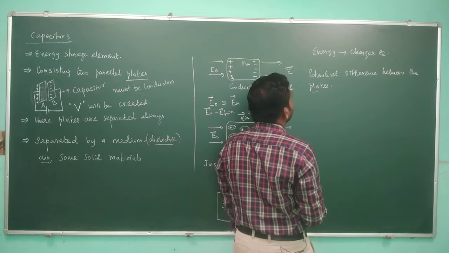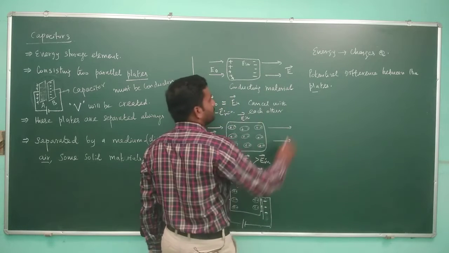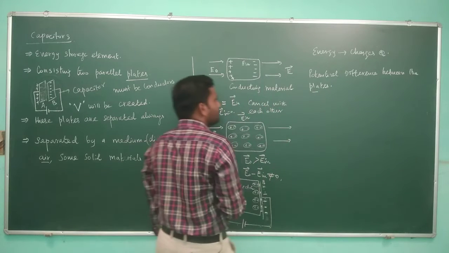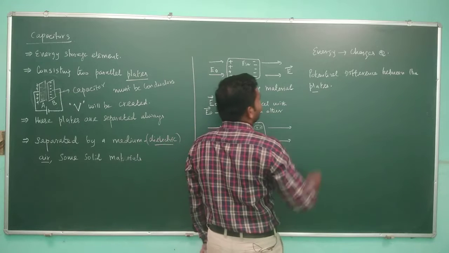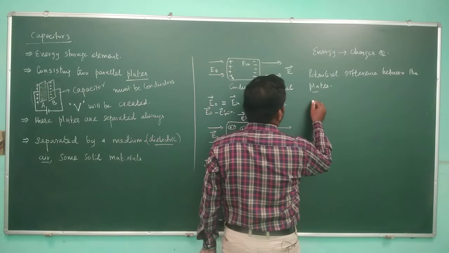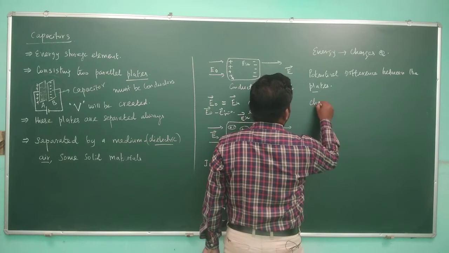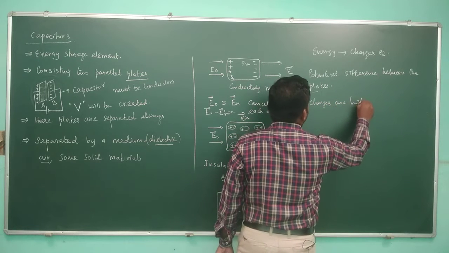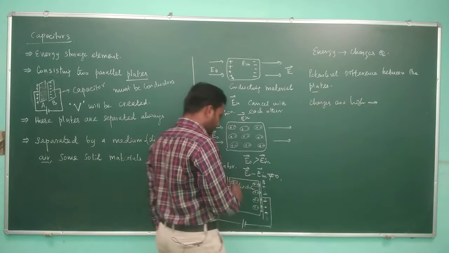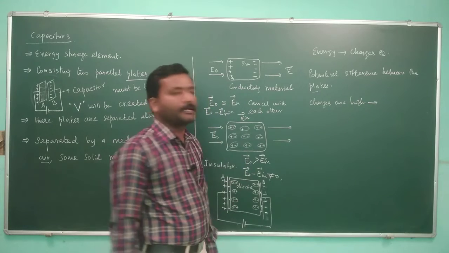Now see, this potential difference will be maximum, which means the accumulated stored charges are high when the area of the plate is high.